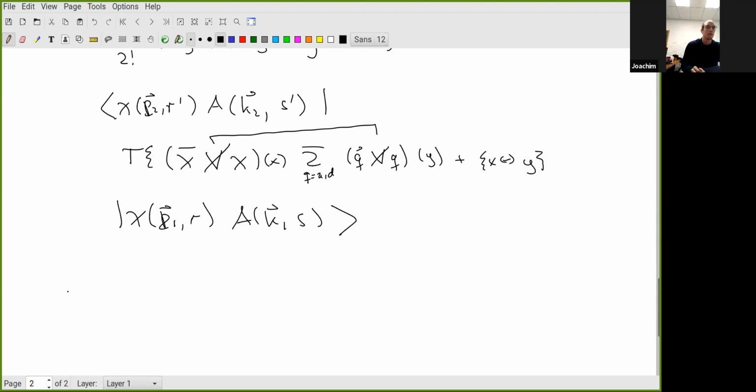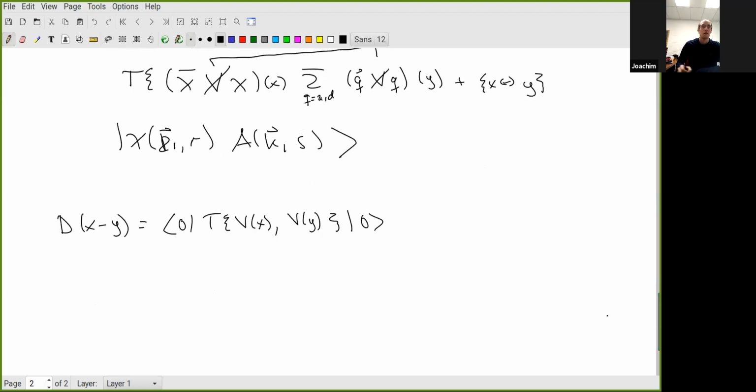So the contracted vector bosons will give the propagator, given by this term, V of x, V of y. I'm just quoting the usual results, with an integral d4k. I should call this k. I should probably call it L, because k is already our external momentum.